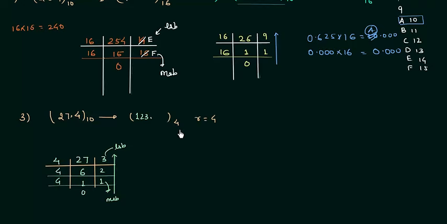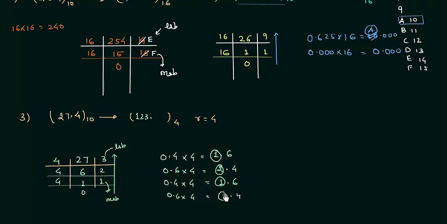Now we will multiply 0.4, the fractional part, by 4 and we will have 1.6. We will take this 1 out and we are left with 0.6. We will again multiply it by 4 and the result is 2.4. We will take this 2 and we are left with 0.4 again, and multiplying it by 4 gives us 1.6. 0.6 multiplied by 4 gives us 2.4.